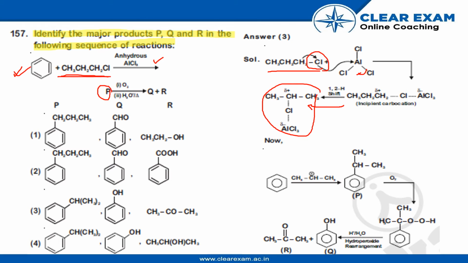Then we'll add benzene to that ring in order to form this. So our P is this. P obtained over here is, let's see which matches.